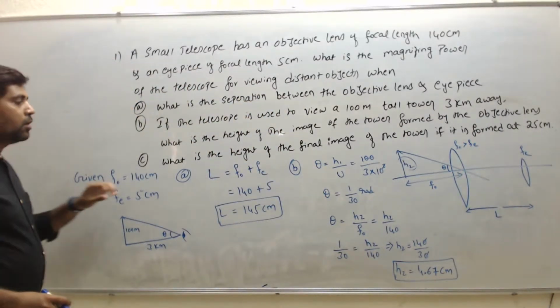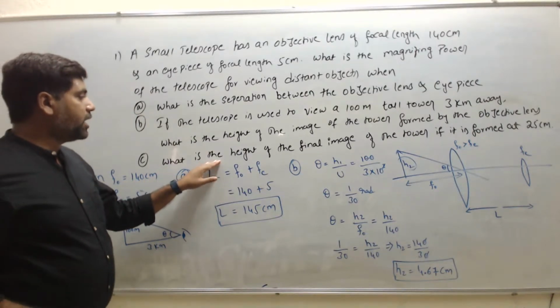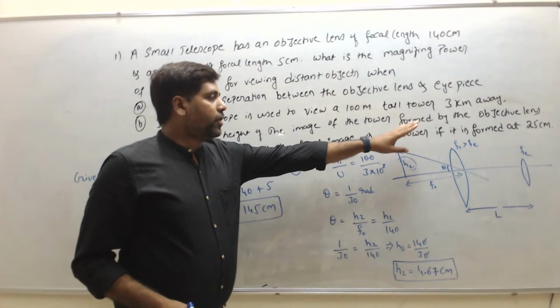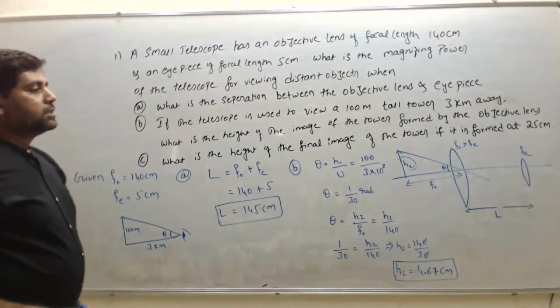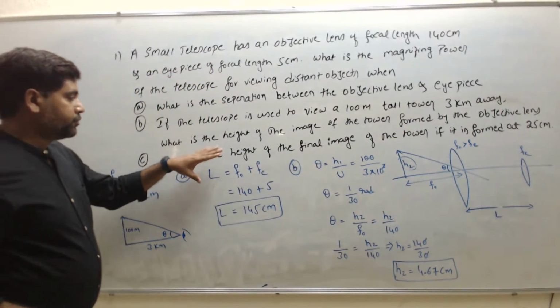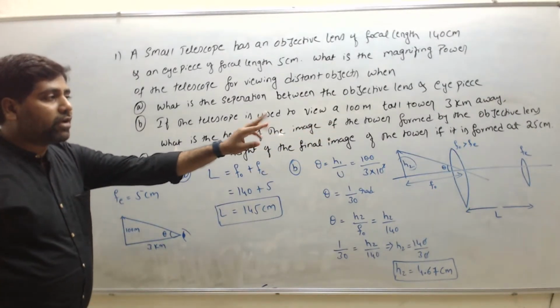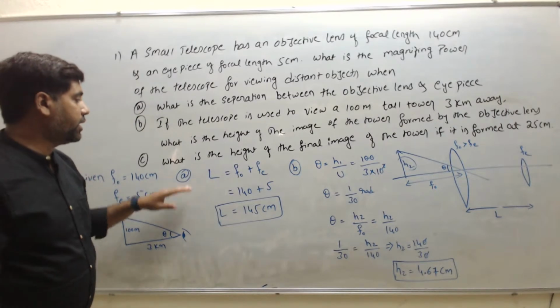Next, the last is what is the height of the final image of the tower if it is formed at 25 centimeter, that is least distance of distinct vision, that is D value they given as 25 centimeter.